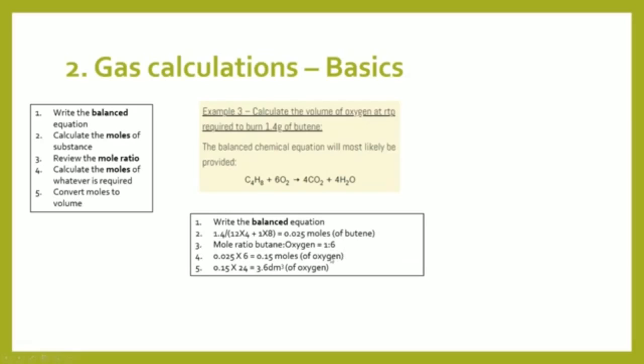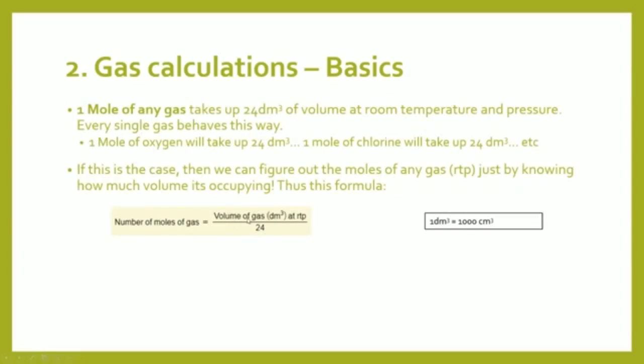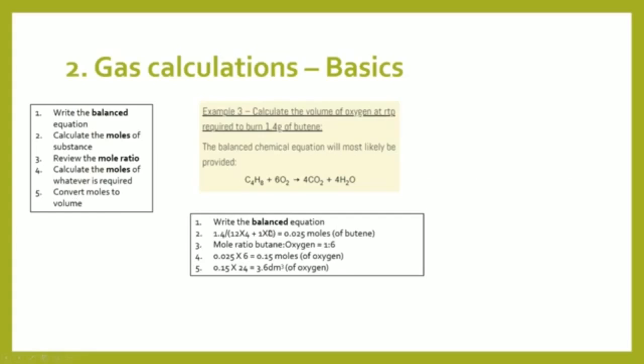So 0.15 times 24, a rearranged form of the equation, because now you want volume, so volume is moles times 24. You times 0.15 by 24, you get 3.6 decimeters cubed of oxygen. That is the volume of oxygen that is required to burn 1.4 grams of butane.